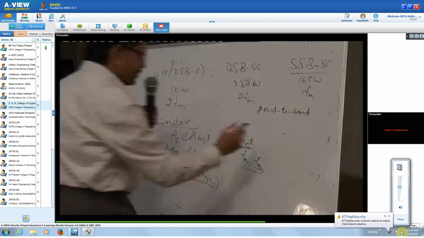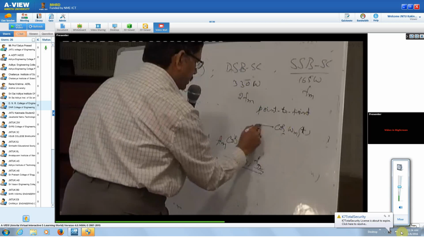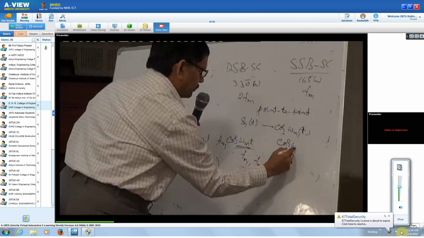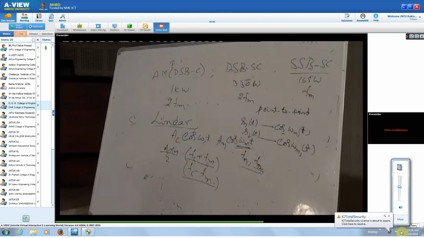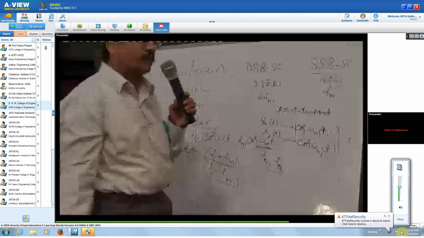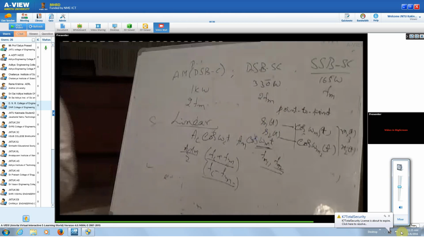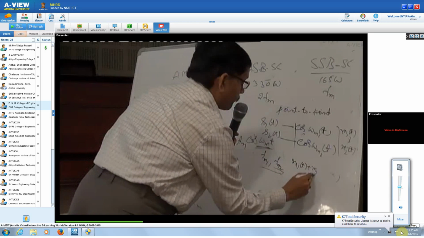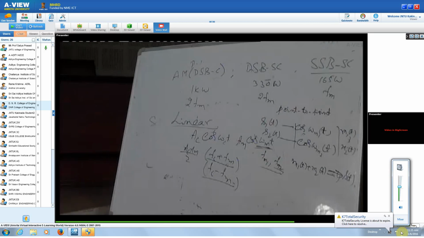But that doesn't mean that if cos omega m1 of t gives you an output s1 of t, and cos omega m2 of t gives you s2 of t, then m1 of t plus m2 of t, which gives you s of t, will be exactly equal to s1 of t plus s2 of t.